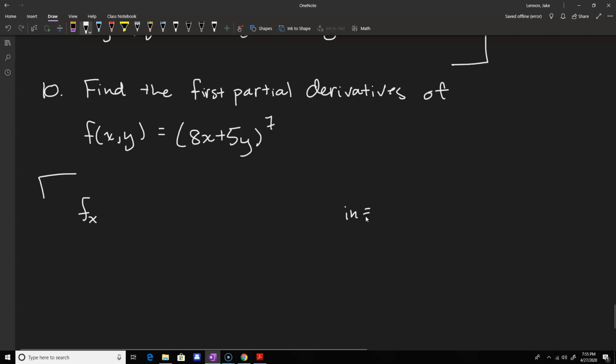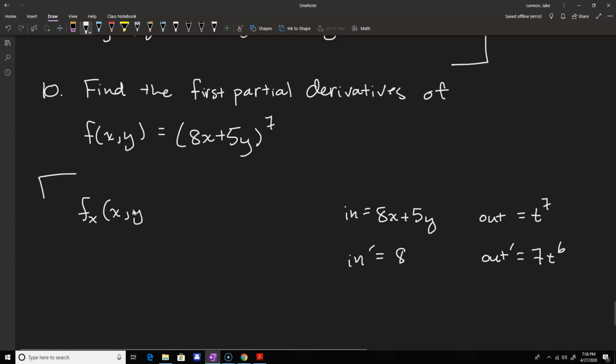Our inside function is 8x plus 5y, and our outside function is just going to be t to the 7th. So the derivative of the outside is just going to be 7t to the 6th, because t is just a placeholder variable. But the derivative of the inside, we need to take the derivative of 8x plus 5y using the x partial derivative. So the derivative of 8x would just be 8, and the derivative of 5y would be 0, since we're treating y as a constant.